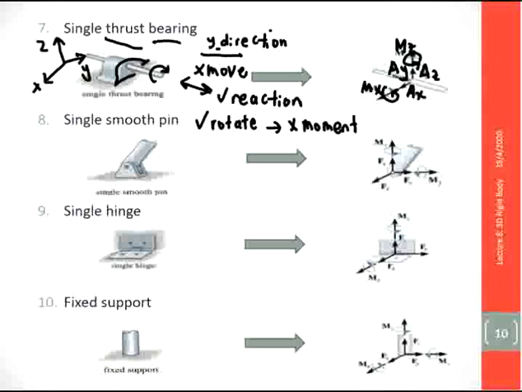Okay, and the eighth connection is the single smooth pin. A single smooth pin is like we have a pin here, and it can move like this. Same here, we have x, y, and z.